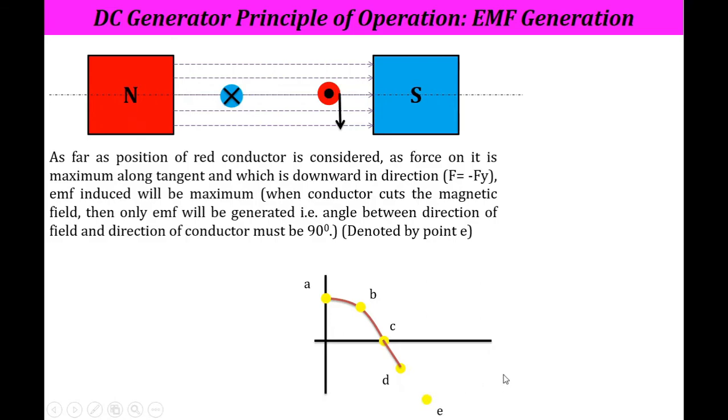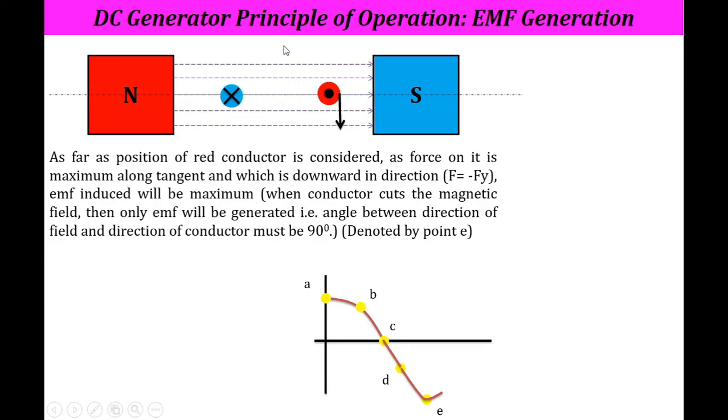Now when theta equals, let's say, 180 degrees, you will get another point E where there will be a maximum EMF, or in other words maximum current, but in exactly the opposite direction to that of A. Now at point A, what was the position of the conductors? The red conductor was on the left-hand side and the blue conductor on the right-hand side.